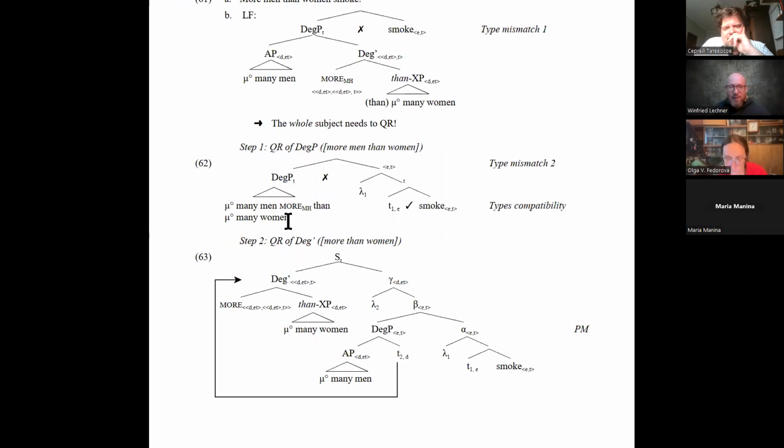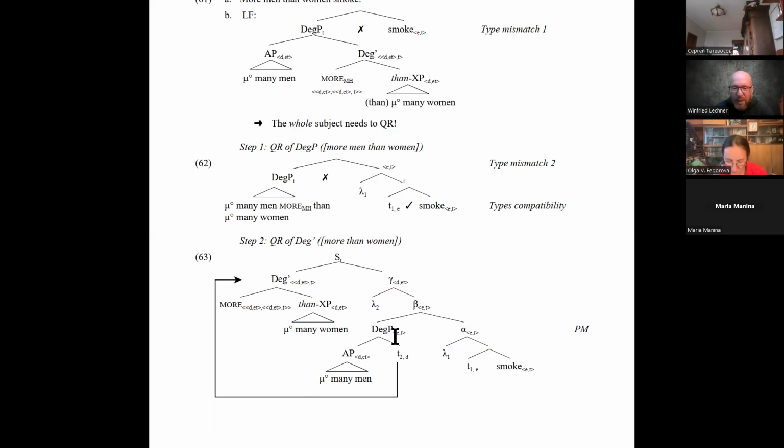So why did we do that? Well, we were prepared, of course, because there's a second step that actually allows us to resolve that type mismatch. What does the second step do? It takes the DegP, the more than women, out into a higher position. That's more or less the common kind of movement that we have seen many times, where we take more than many women, the more plus the than phrase, and move it up here. And what we get now is the following. We leave here a degree trace that can combine with the adjective denotation.